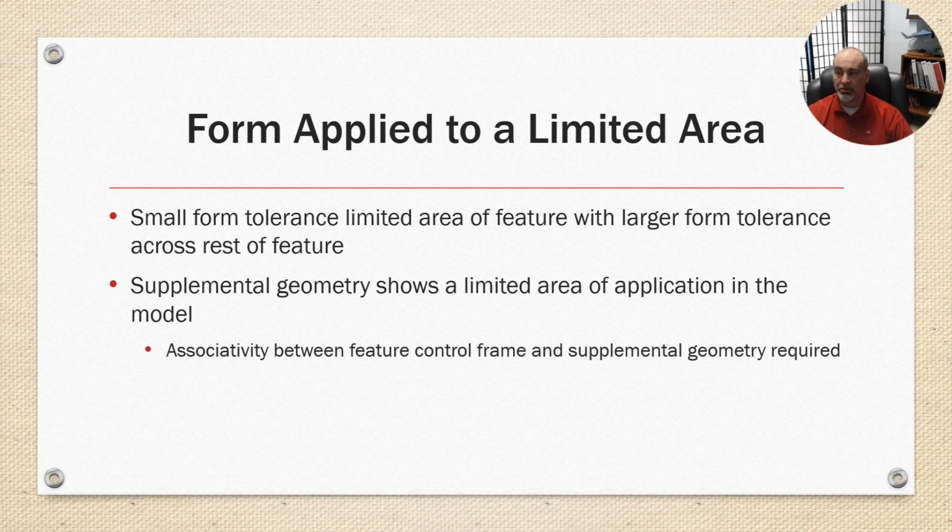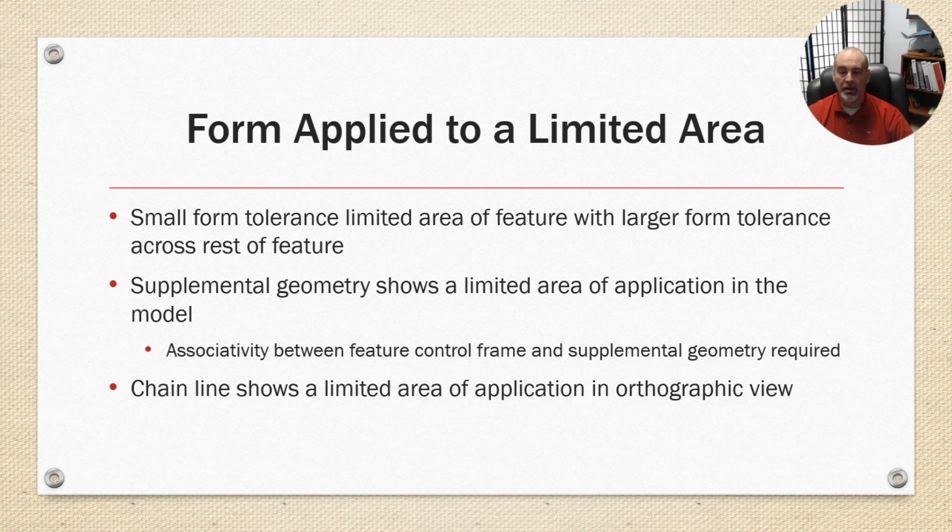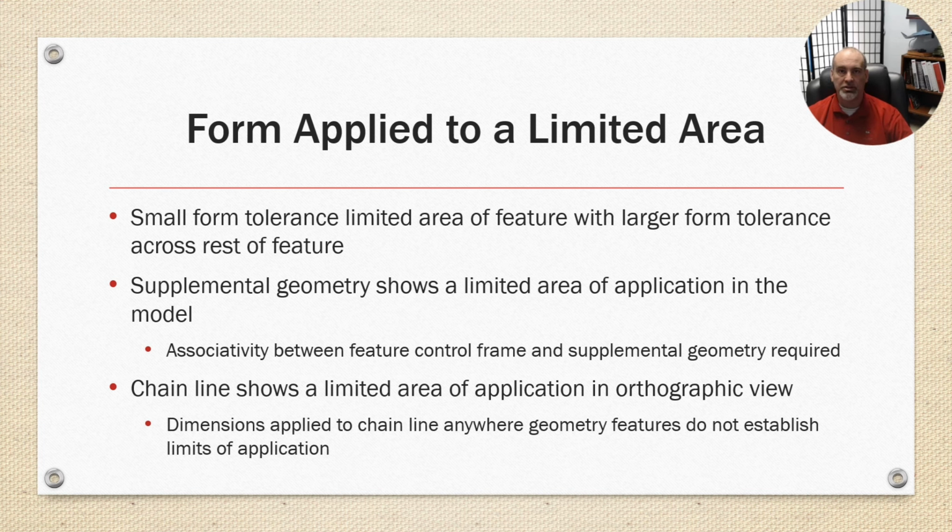That's an example of supplemental geometry. Associativity between the feature control frame and supplemental geometry is required. A chain line shows a limited area applicable to an orthographic view, and dimensions apply to the chain line anywhere geometry features do not establish limits of application.